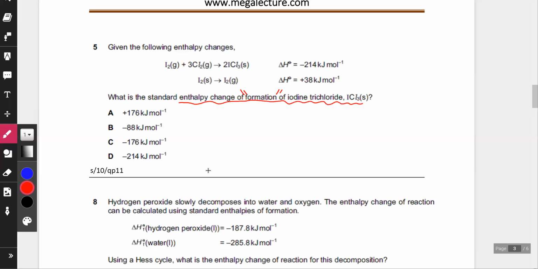You form the products, which is ICl3 in this case. And 1 mole of substance has to be formed from its, look at the definition of enthalpy change of formation.